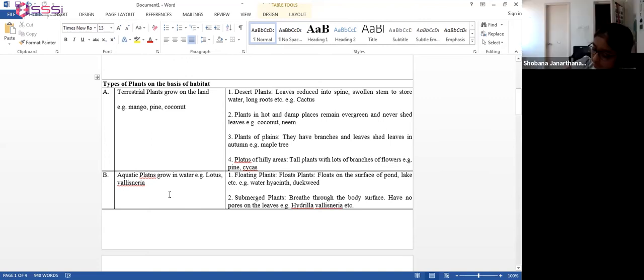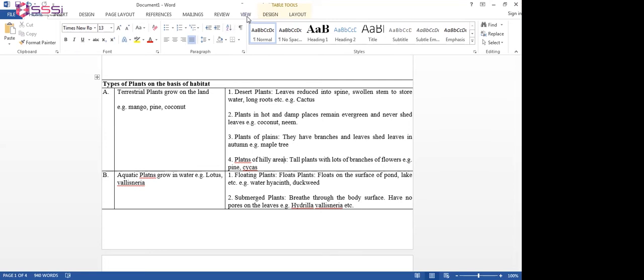Some have flowers like cones, in the shape of cones.